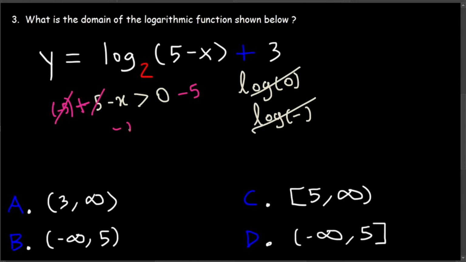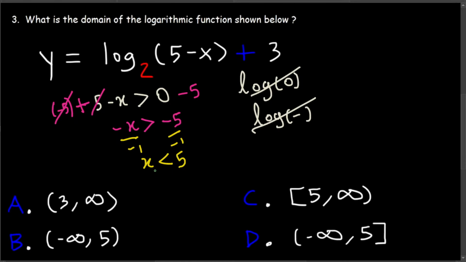So negative x is greater than negative 5. Now to make this one positive, I can divide both sides by negative 1. And when we divide by negative 1, the inequality will change. So this is going to become x is less than 5.